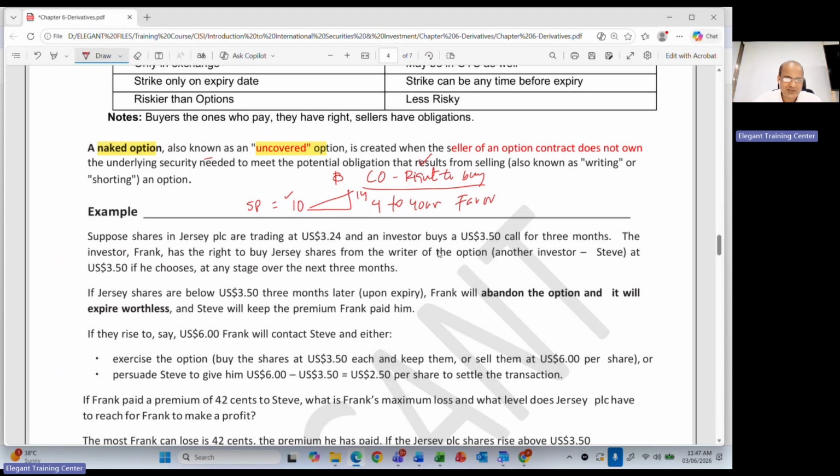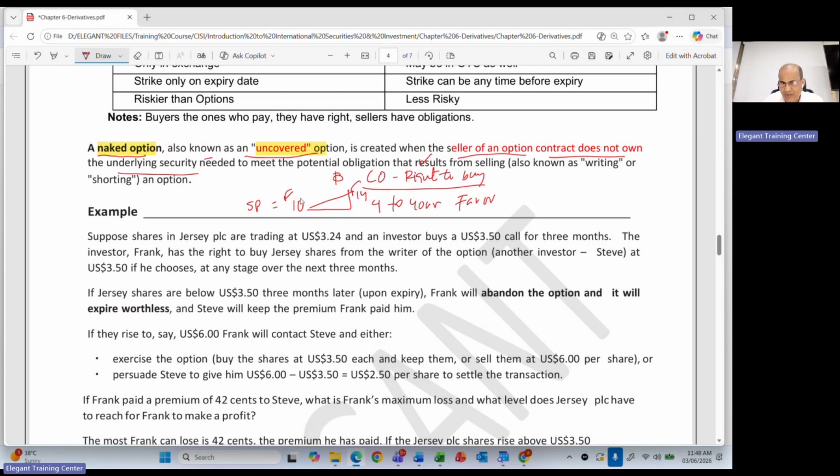If he does not have the shares with him, he will buy from the market, paying 14 and give you at 10. So if the seller is not having the shares, that's called a naked option, uncovered option. The seller of the option does not own the shares, right?